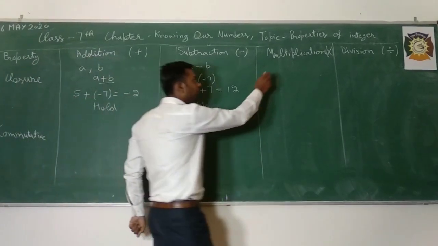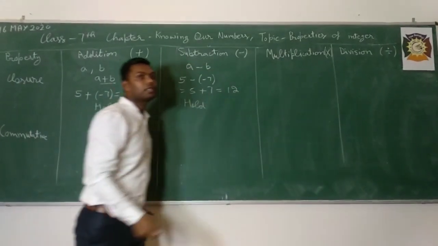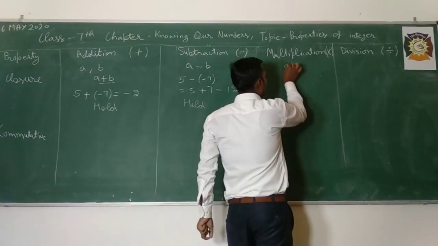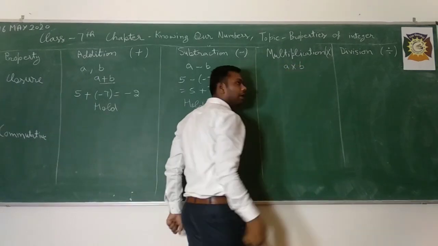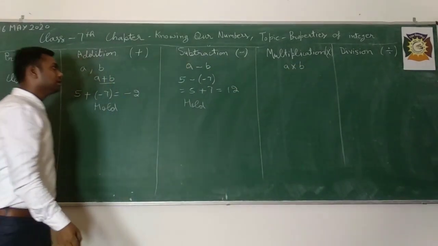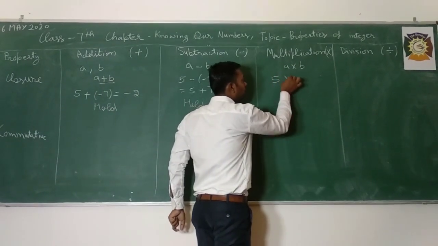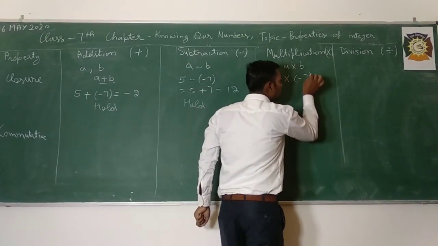Next, in case of multiplication, take two integers and multiply them. a and b are integers and we have to multiply them. Same case, a equal to 5 and b equal to minus 7.